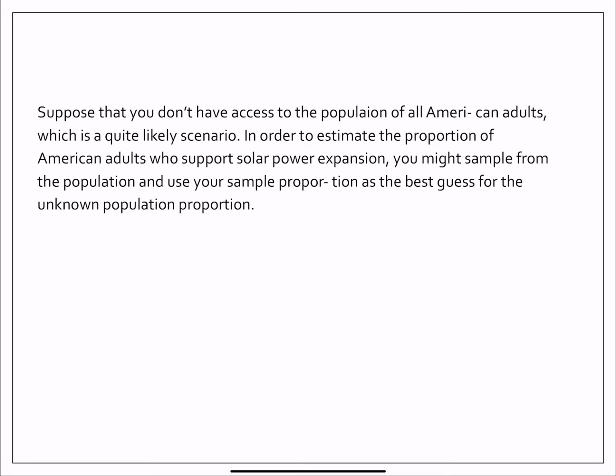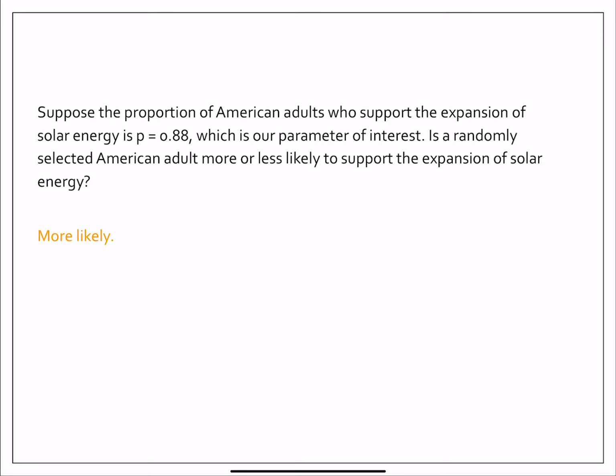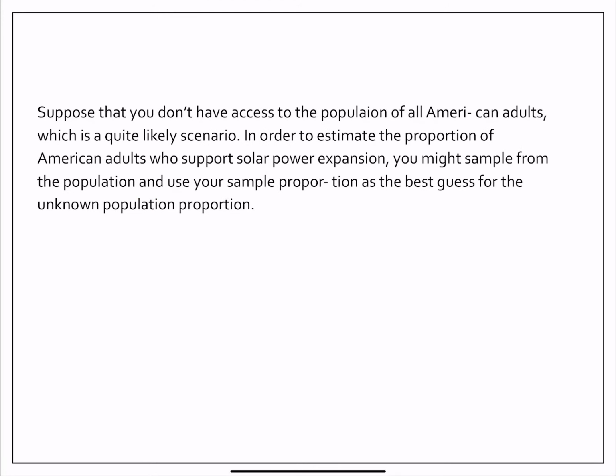So the question is, what if we did not have access to, because this is what this said, the proportion of American adults. What if we didn't have access to all American adults, which we don't? If I told you to go out and tell me what all Americans think about something, you wouldn't be able to go out and ask all Americans something. At least definitely not all American adults, right?